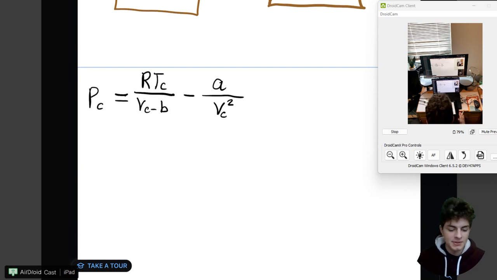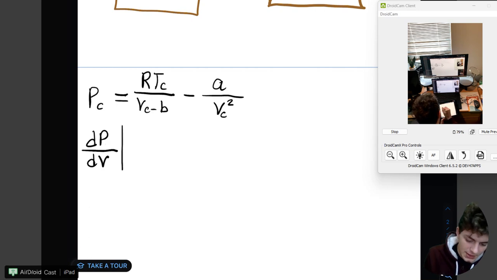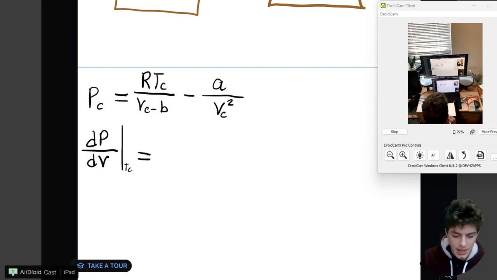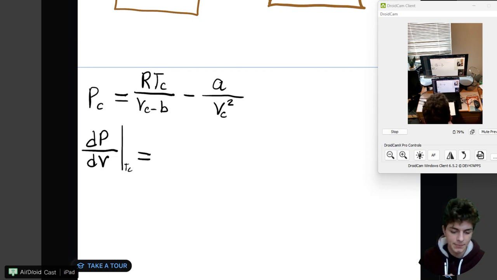And what our observations were is that the first derivative of pressure with respect to volume at the critical temperature is equal to 0. And so let's go ahead and derive this here. We are differentiating with respect to volume, and so we need to do that derivation here.